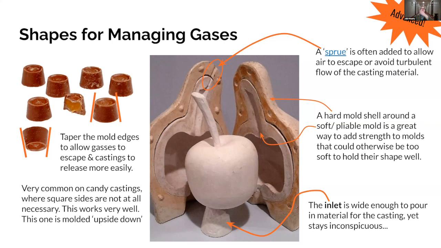It's like plumbing. There are vents or sprues, which are part of the process that leave a little channel so the air can escape. That's part of the design. And then there's going to be a spot where the inlet or the pour spout is, where you are able to pour the material into the mold.